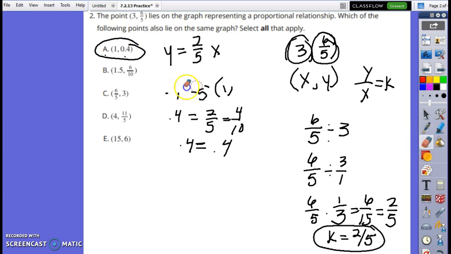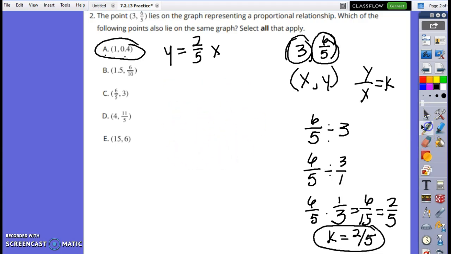Let's try another one. So y is always going to be the constant 2/5, because that's what we found, times x. And the constant, remember, was from up there. So here we have 1½ is x, so 2/5.